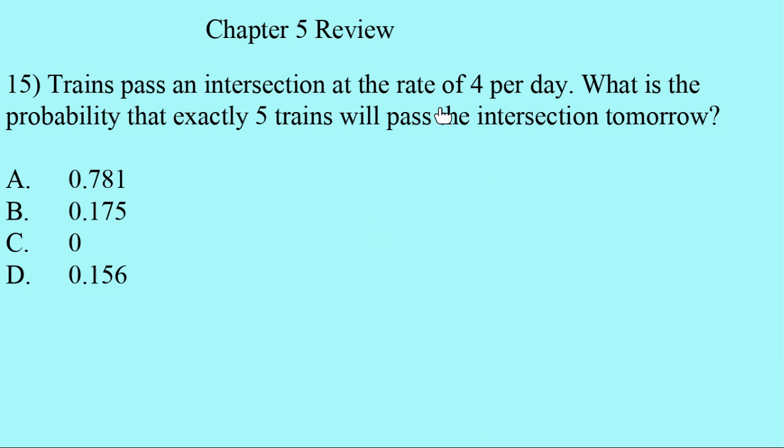All right. Number 15, trains pass an intersection at the rate of 4 per day. What is the probability that exactly 5 trains will pass the intersection tomorrow? If you can use your calculator.